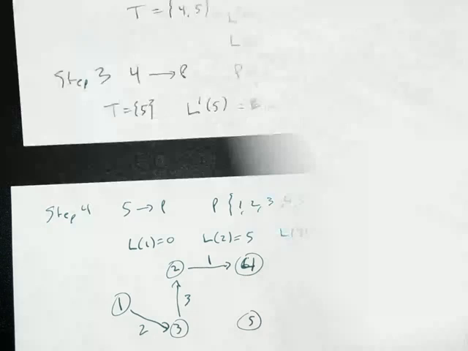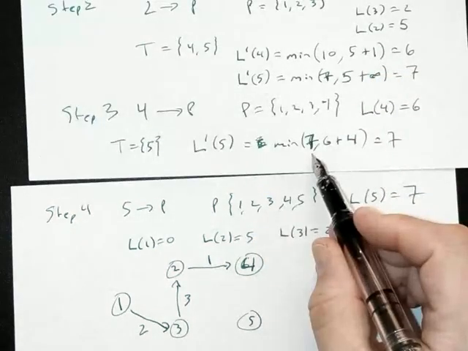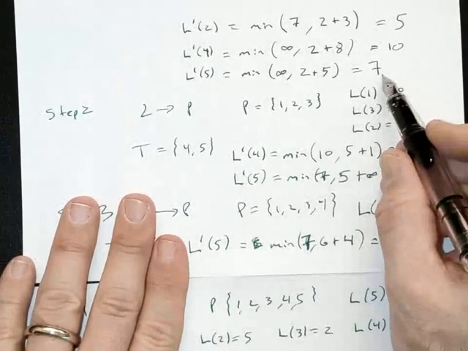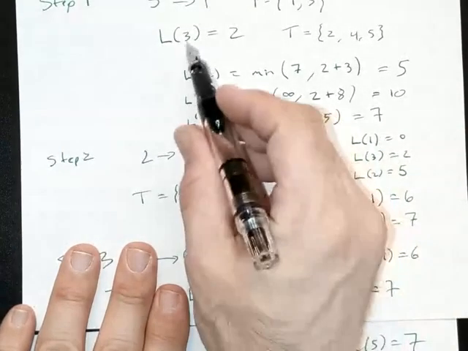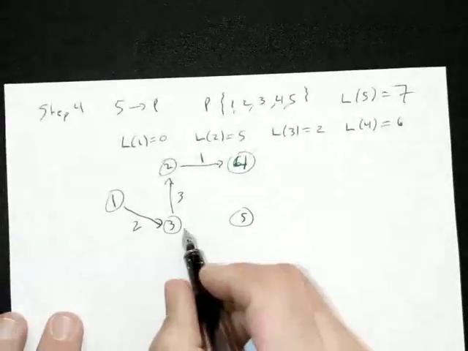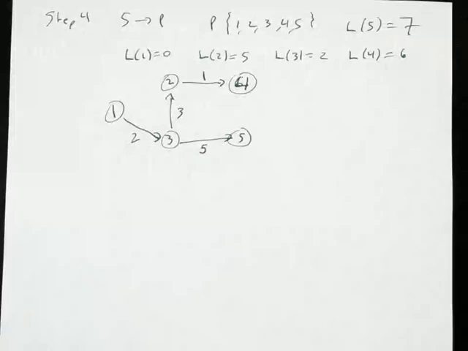We got that from here. We got that from here. We got that from here. This is where we went from 3 to 5. So the next edge that gets added is here, and there's the shortest path.